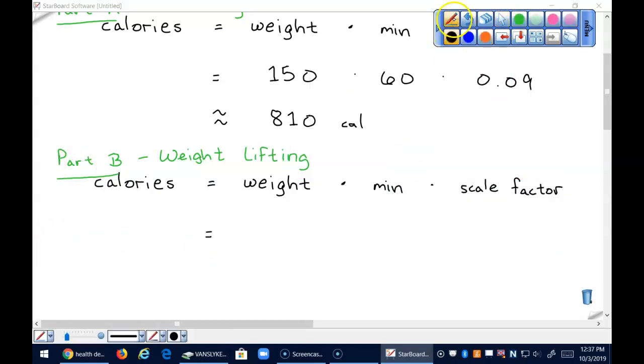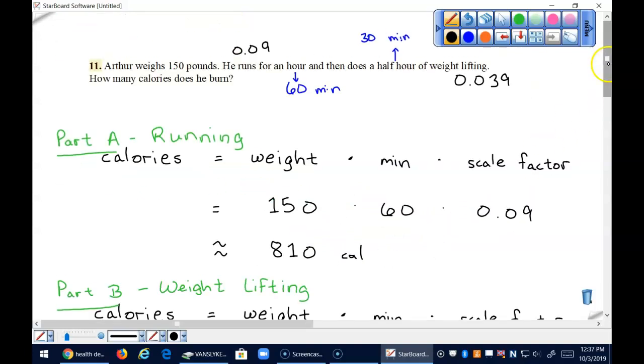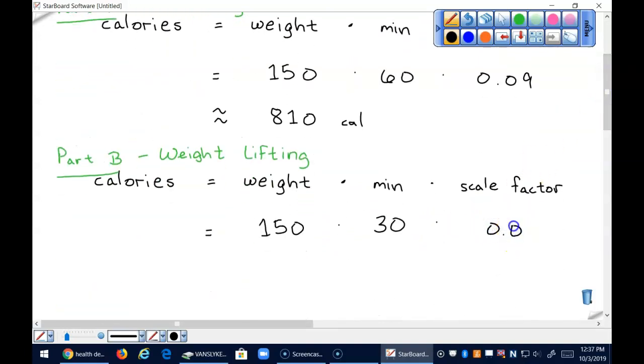Okay. So he's still 150. Now it's 30 minutes, and it's 0.039. That's about 175.